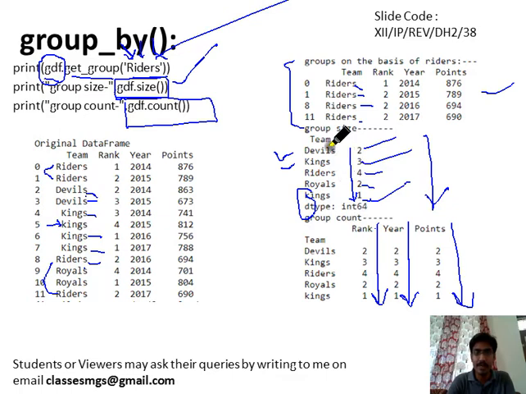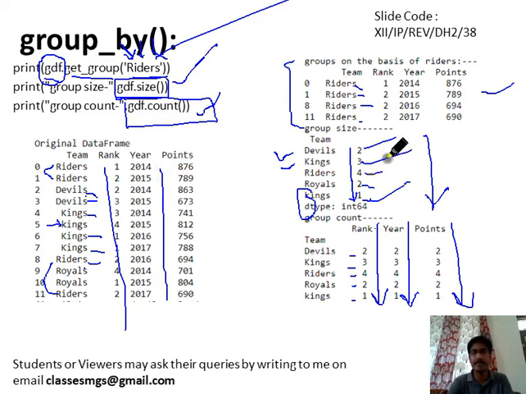So the output of size and count will be similar if there is no NaN value in the data frame. You can see the output is the same, 2 3 4 2 1, because the data frame doesn't have any NaN value. Okay, let me move ahead.